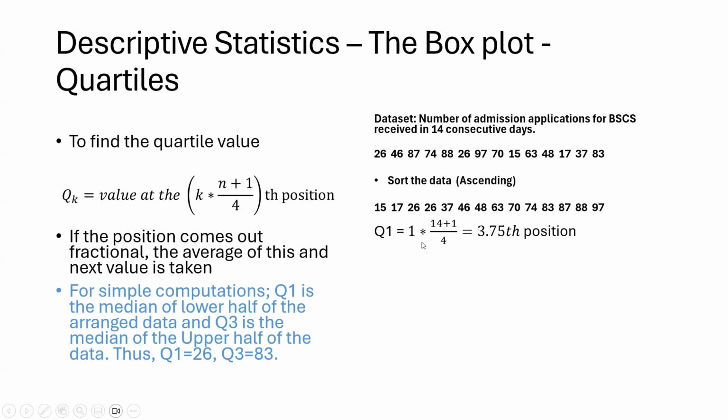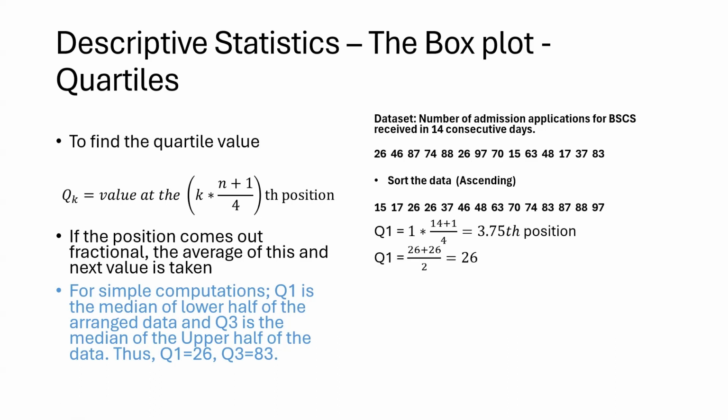For Q1, we use this expression. 1 is substituted for k, and we get (14 plus 1) divided by 4, which comes out to be the 3.75th position. Now, this is a fractional value, so to calculate the quartile value we'll have to take the average of two values, the third and the fourth one, because this is the third value and 0.75 needs the next value also.